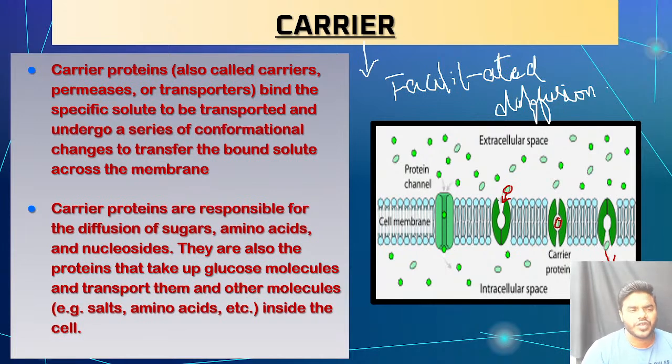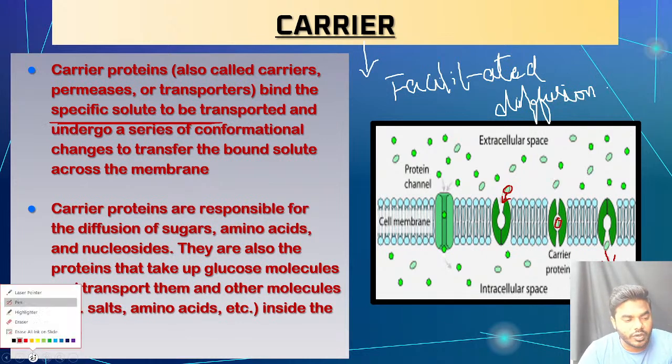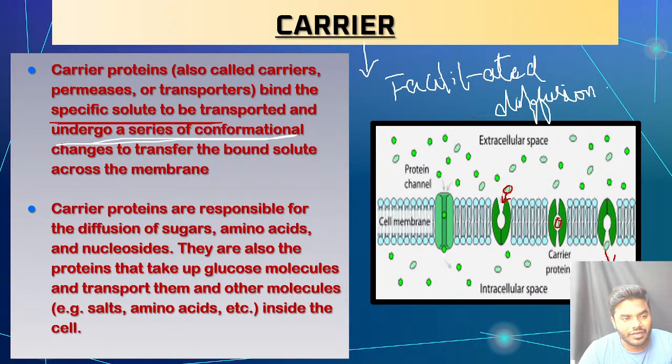Very simple point, friends. Always remember, every carrier has a specific solute binding site. The moment a particular solute comes and associates with that binding site, the carrier undergoes conformational changes, and it can easily allow the movement of that ion or molecule inside.